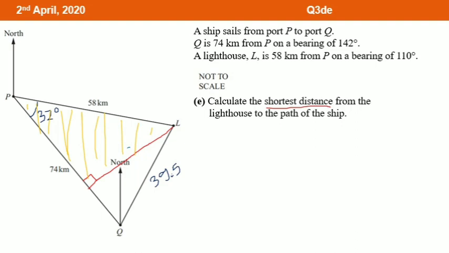We are going to use the hypotenuse because this is already clear, 58, but the adjacent is not 74 because the 74 is from P to Q. The adjacent only stops until the red line in here. So we cannot find using the A.